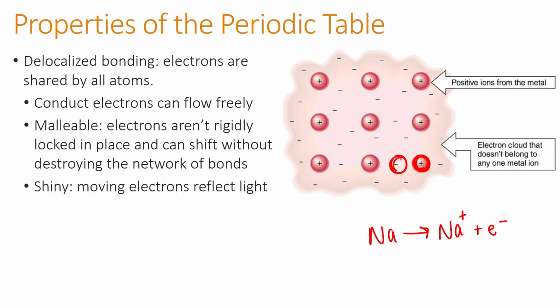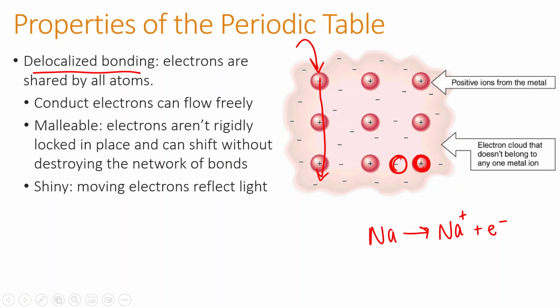So if you can imagine, if you hit this with a hammer, these guys are just going to slide past and will bend rather than break. And those shiny moving electrons are able to reflect light, so metals are shiny. So metals have this property because of delocalized bonding.